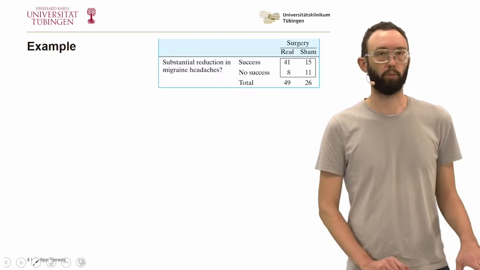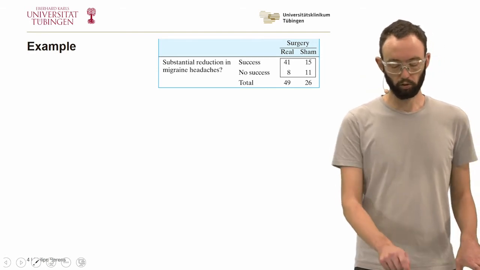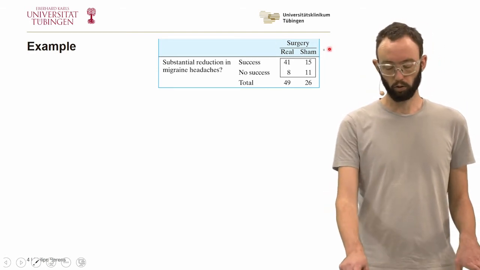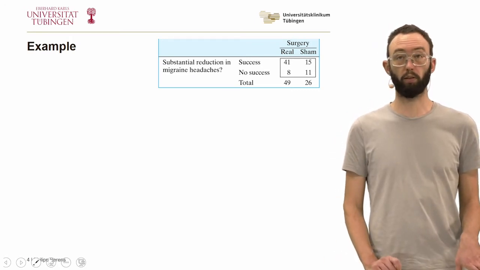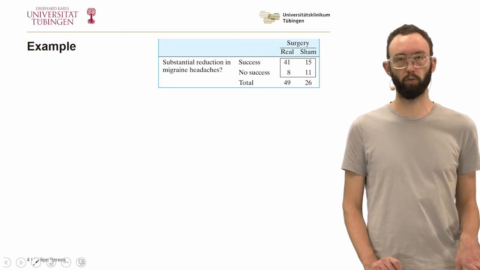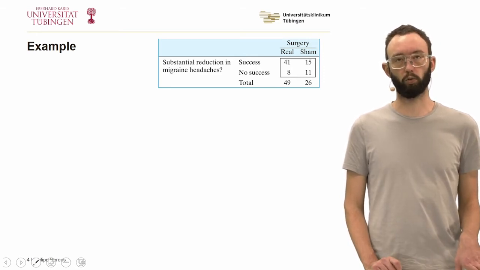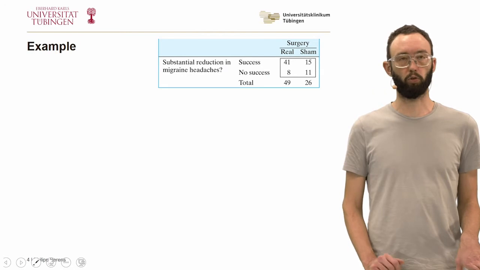Let's look at an example. We had this example already in the last video about the reduction of migraines based on real or sham surgery. We found that there is actually, in this case, a significant difference between real and sham surgeries, with real surgeries leading to a successful outcome being more likely than in sham surgeries.